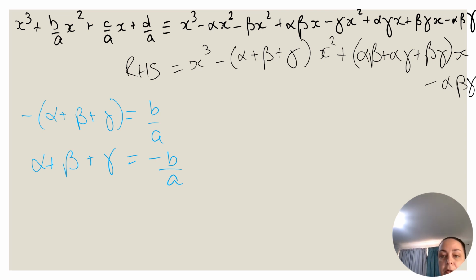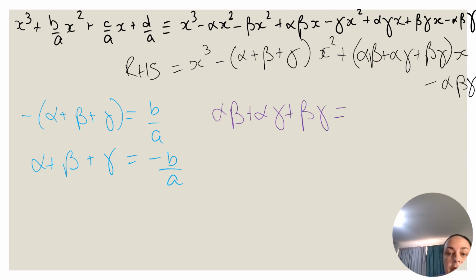Okay, now I'm going to equate the coefficient of the x term. So I've got alpha beta plus alpha gamma plus beta gamma equals, there's no negative there, so that's fine, c on a. Now, the c on a for the quadratic we called the product of the roots, but in a cubic this is called the sum of the roots taken 2 at a time, because there's a plus sign between the terms.